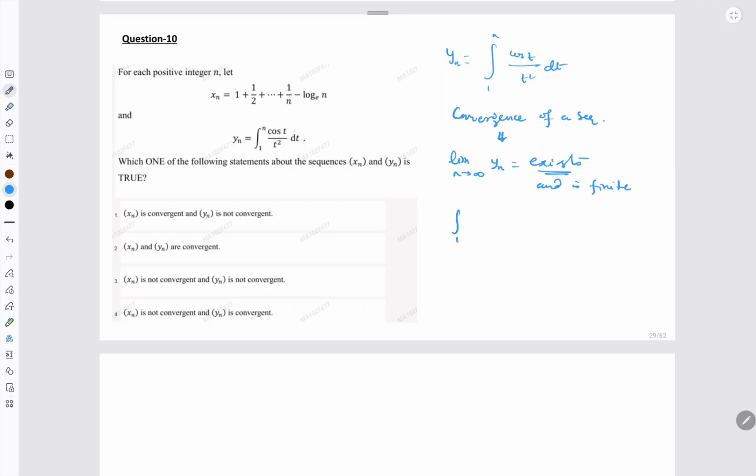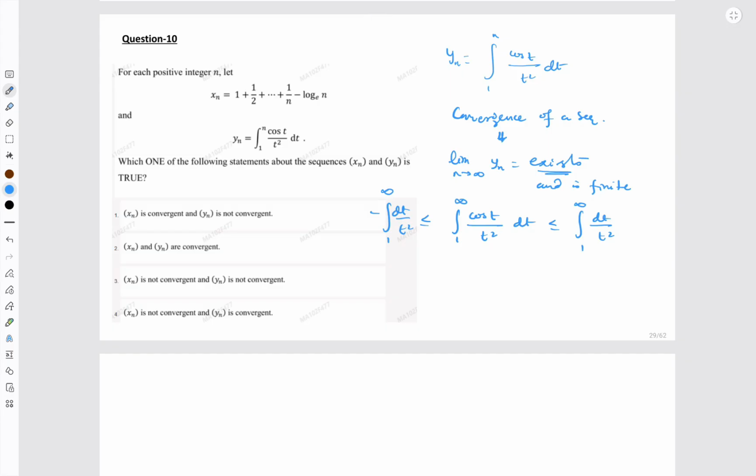So if I can find a value of the integral from 1 to infinity of cos t by t square dt, that means yn will be converging. I know that this thing will lie between the integral of dt by t square from 1 to infinity and minus the integral of dt by t square from 1 to infinity, obviously, right?